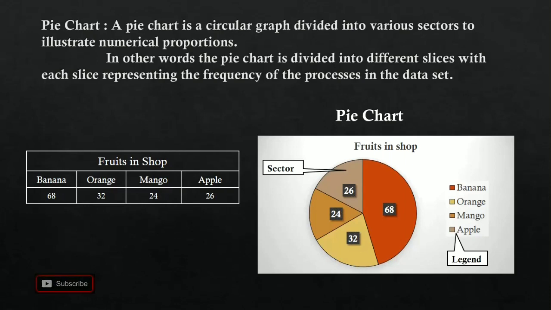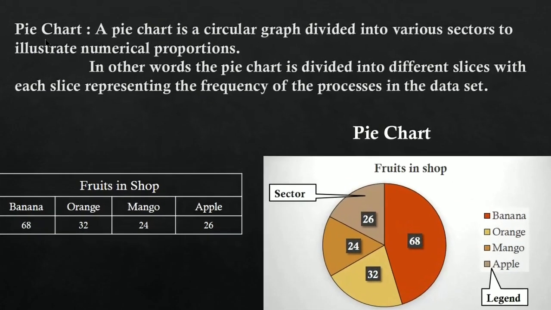There are several ways to represent data. One of them is called pie chart. This pie chart is also called circle graph. Now first see the definition.